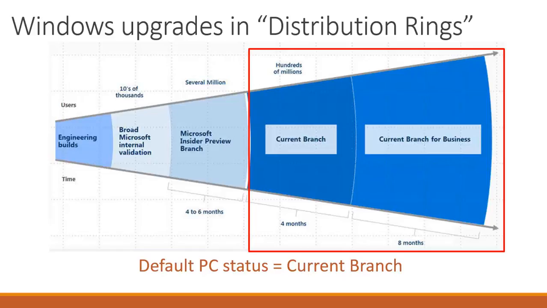So businesses and users all get the current branch. What we can do as a business customer using the Pro or the Enterprise or Education edition of Windows, we can elect to move that PC to receive upgrades at a later stage, and that ring is called the current branch for business, and that gives you then up to 8 months of testing time. You can defer those upgrades for up to 8 months.